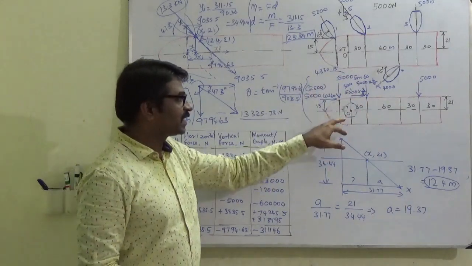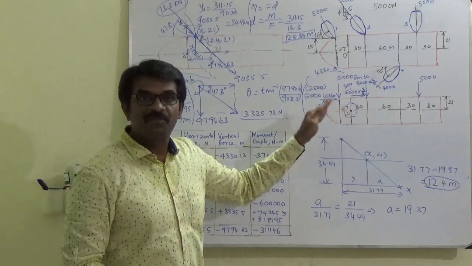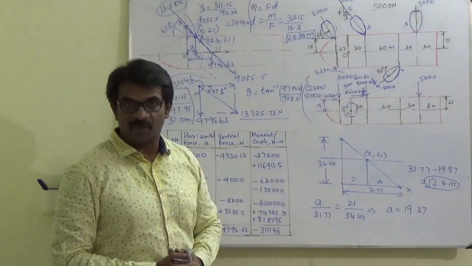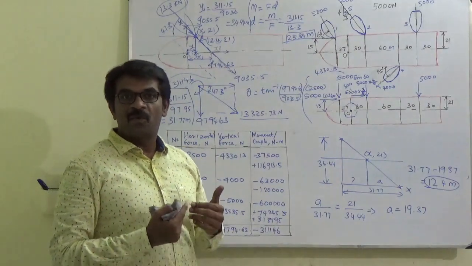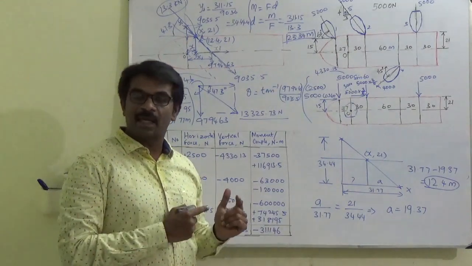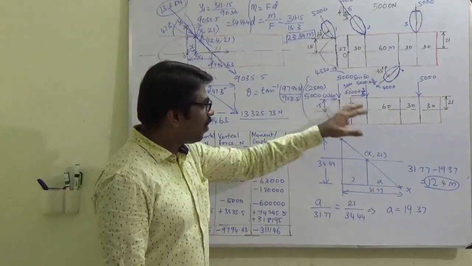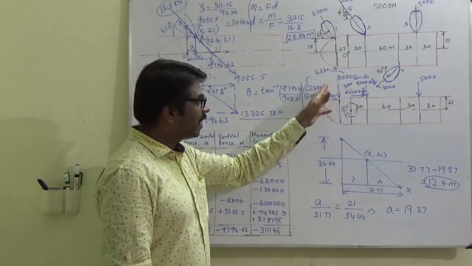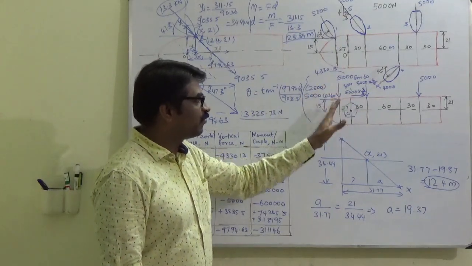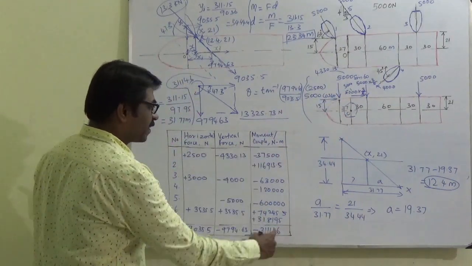All the 7 forces have to be brought to this point, and when you are shifting the point of application of the force, you have to introduce a couple which is equivalent to the moment produced by that particular force. So we are introducing the couple. So all the 7 couples are acting clockwise, anti-clockwise, and horizontal, vertical forces are acting. Now that is tabulated here.